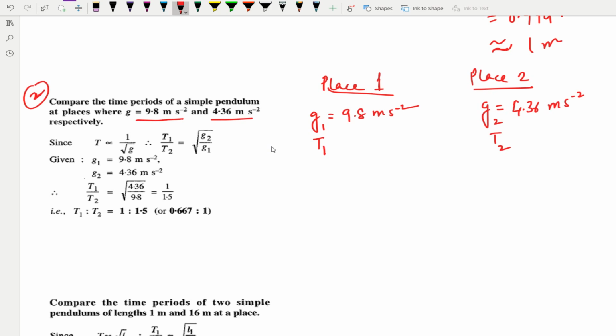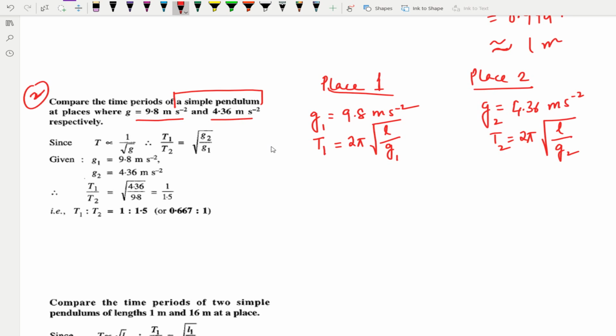You know the formula for time period: T1 is equal to 2 pi root over L by G1. Since G is different, we take G1 over here. Since it is the same simple pendulum, the length is going to be the same in both cases, so we just leave it as L. Similarly, T2 will be equal to 2 pi root over L by G2.